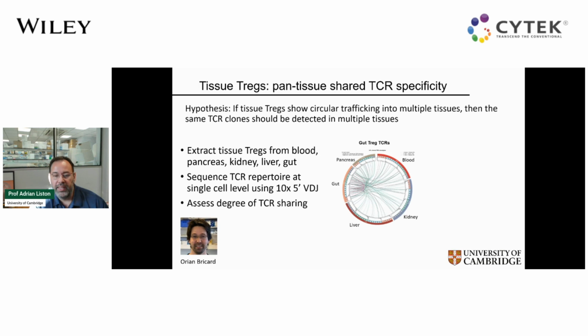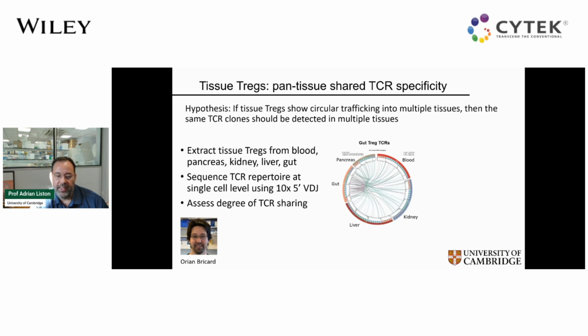So the data I'm showing here is a chord diagram where around the outer ring, we have the different tissues. The inner ring is 4 different mice per tissue. And any of the lines that are connecting are T cell receptors that we're spotting in multiple different cells.